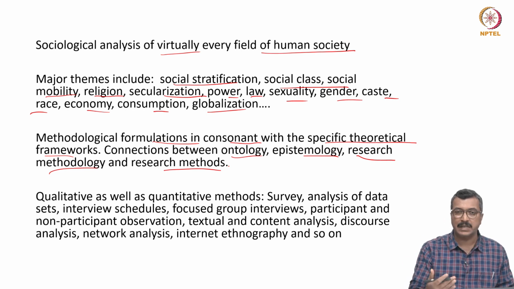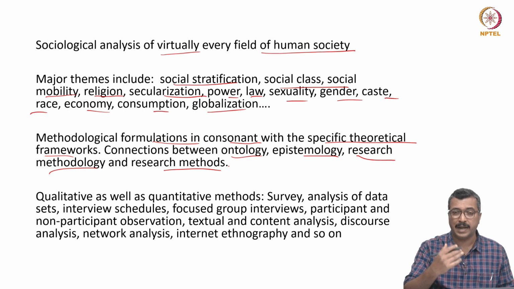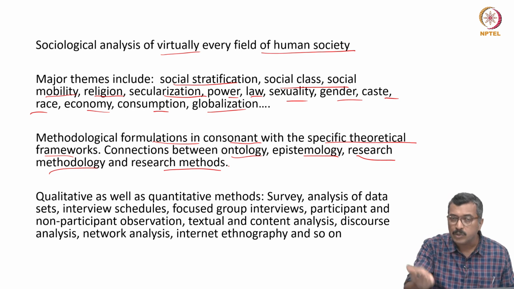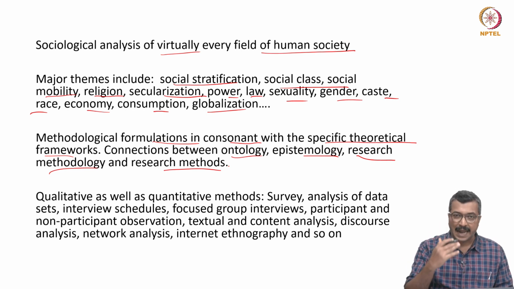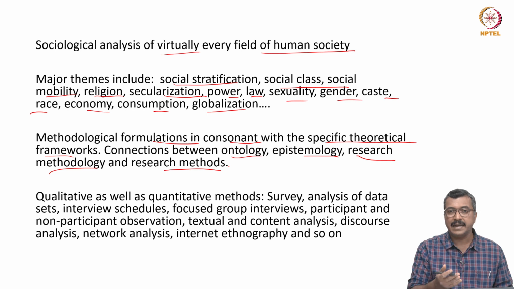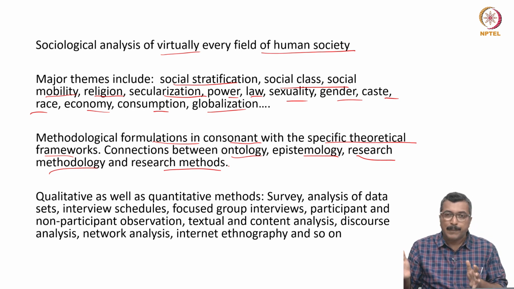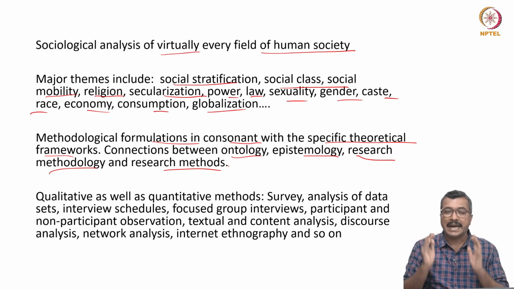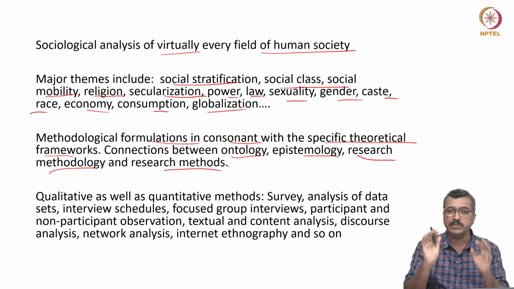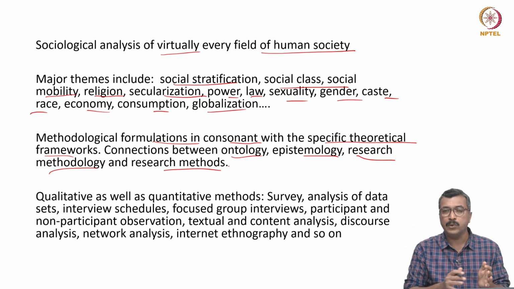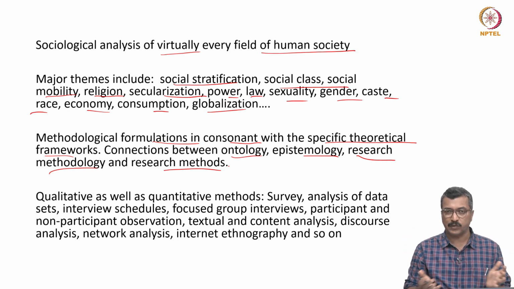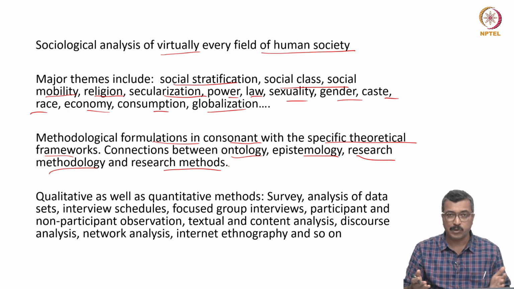For example, a positivist framework will have a particular ontological understanding of what reality is. It would assume that a given reality is out there, and from that ontological understanding follows a particular epistemology. In order to study something like an external, objective reality out there, how do you shape the knowledge systems of your discipline? That is what epistemology looks into.